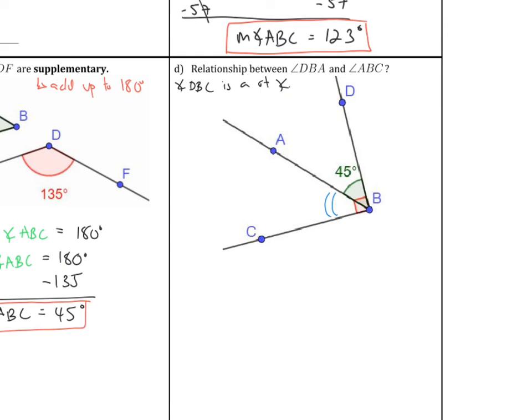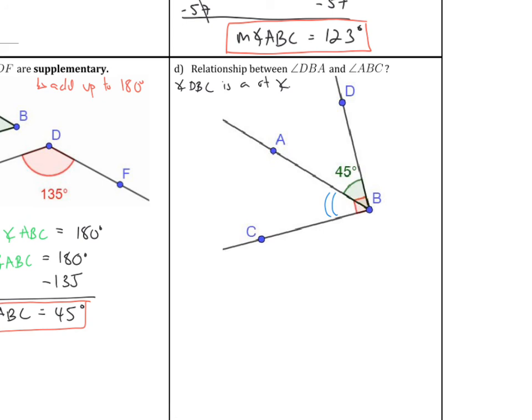So what this means is that angle DBC is equal to 90 degrees. And because I have ray BA separating the right angle, that means that angle DBA and angle ABC, when we add them together, have to equal 90 degrees.